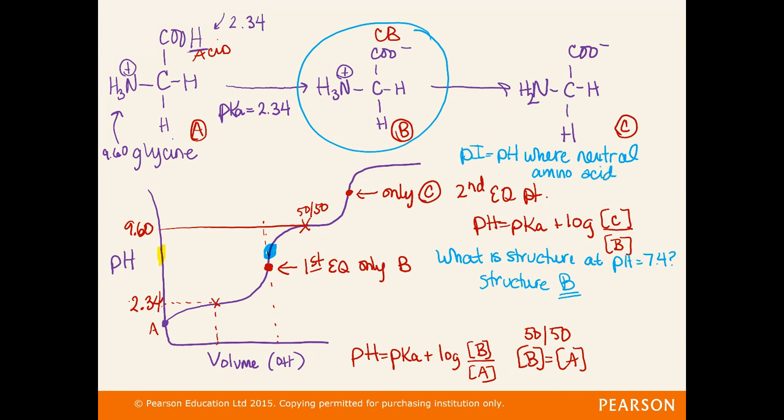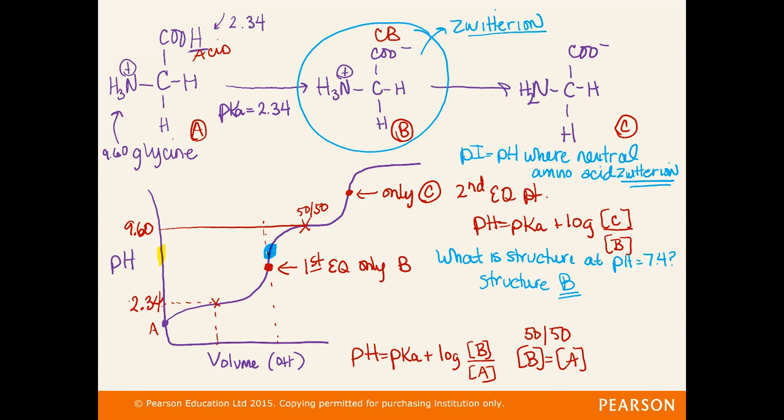And the neutral one is called a zwitterion. So in our case, in glycine, the structure B is the zwitterion because it's neutral. You see how it's a plus and a minus. So at pH 7.4, it's a zwitterion.